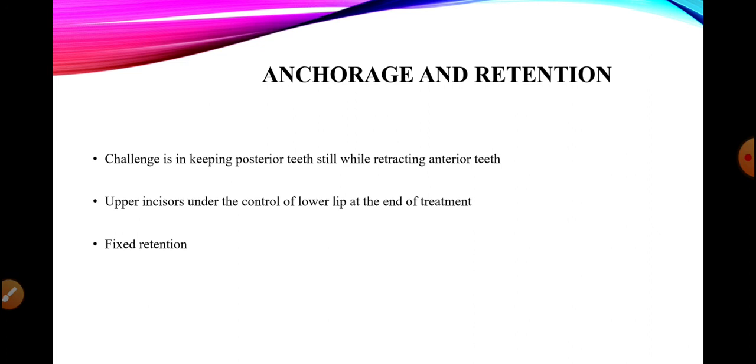But when it is hard to achieve a good control of the upper incisors by the lower lip, or the lips are markedly incompetent, or there is vertical discrepancy or anything like that, in those cases we should be planning fixed retention for the upper arch as well, in order for the results to be stable.